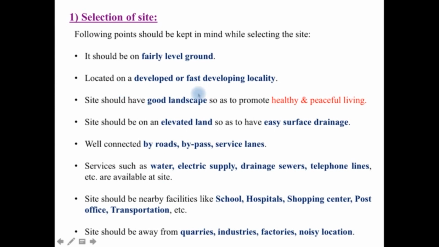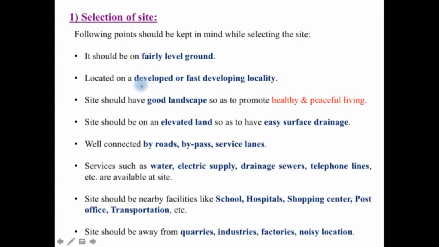If a person is planning to construct a building in a city, it is always good to see which area of the city is developing fast and new things are coming up. That area is better to select for the construction of a building.